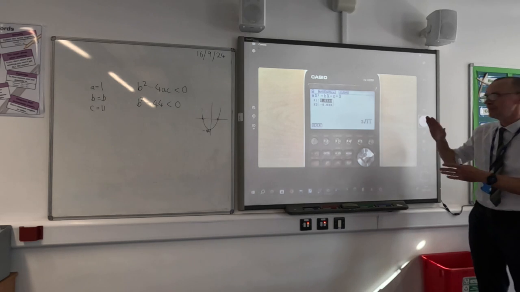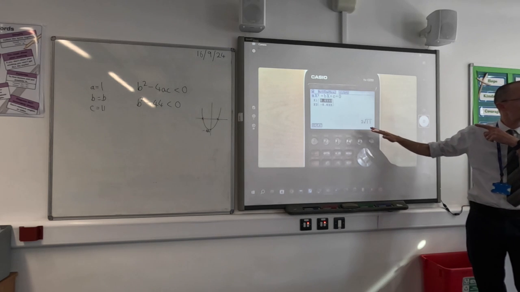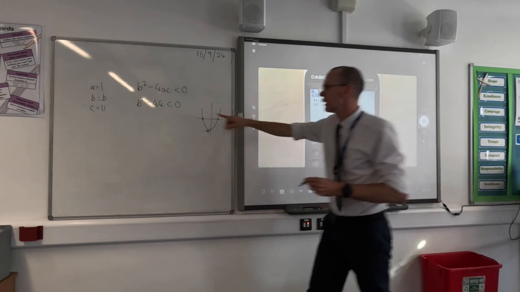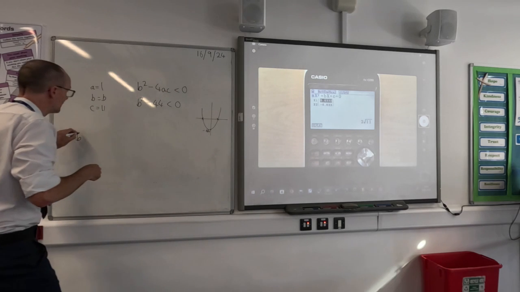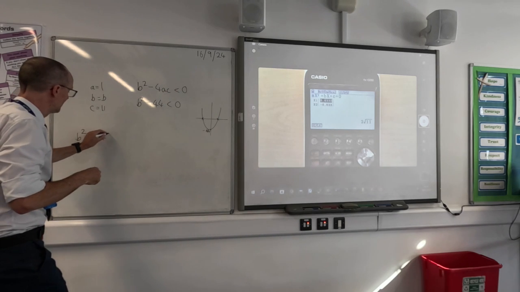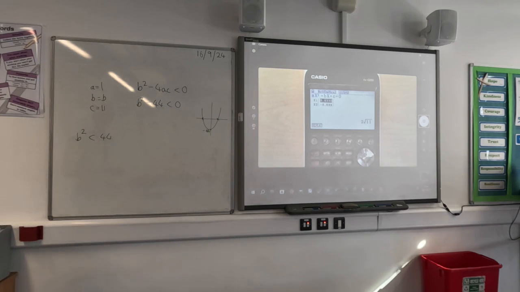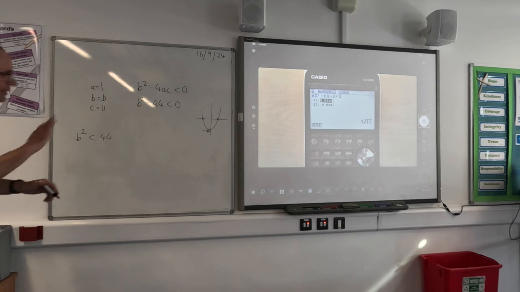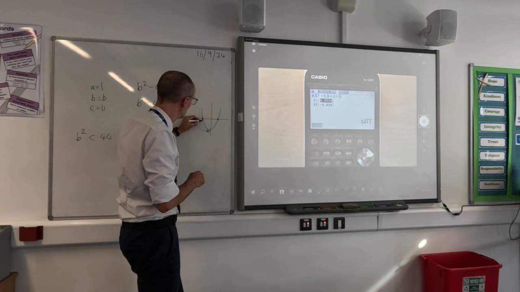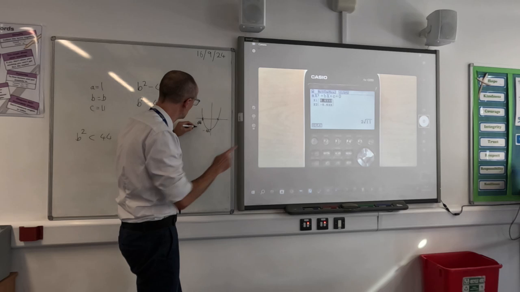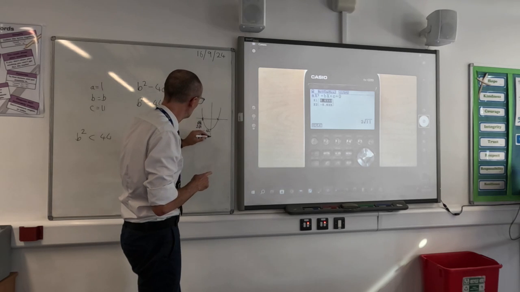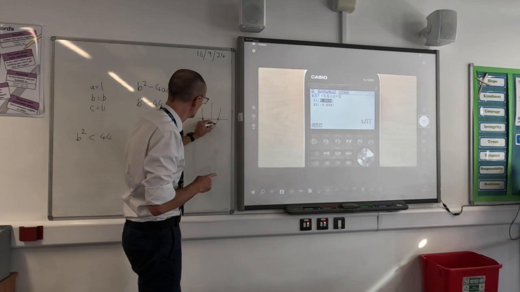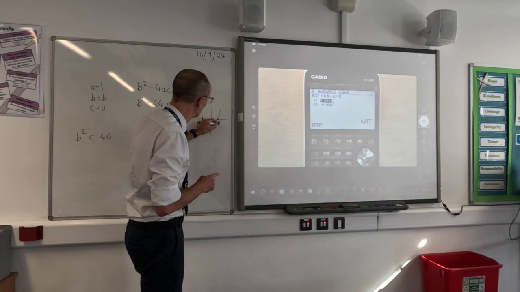Obviously it's going to be square root of 44 and minus square root of 44, because the other way of doing it would have been to say... I find this confusing though, because I'm thinking, if b squared has got to be less than 44, does that mean it's going to be more or less than the square root of 44? So I'd much rather do it this way with my equation. So this is square root of 44, which the calculator has already simplified for me to 2 root 11, so that's minus 2 root 11 and plus 2 root 11.